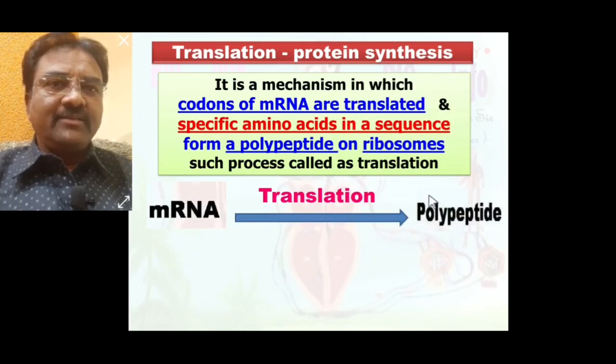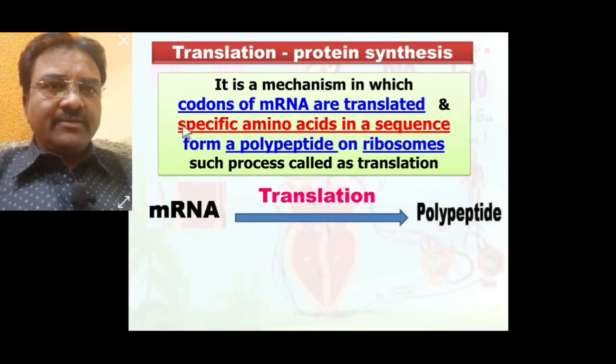In transcription, DNA is transcribed to mRNA; in translation, mRNA is translated to polypeptide. Codons on mRNA specify particular amino acid sequences that form a polypeptide on the ribosome. Simply, translation means synthesis of polypeptide or protein from mRNA.